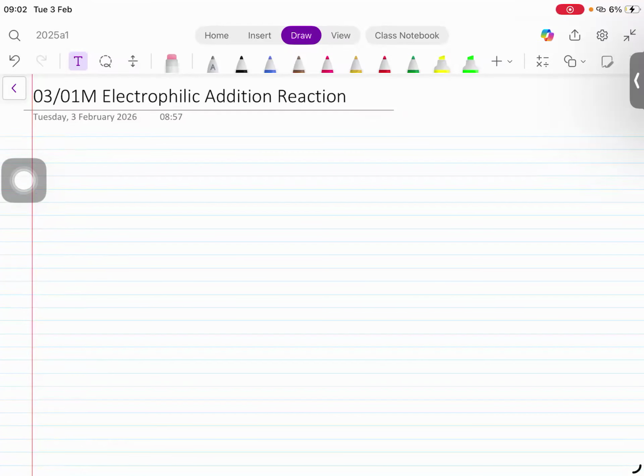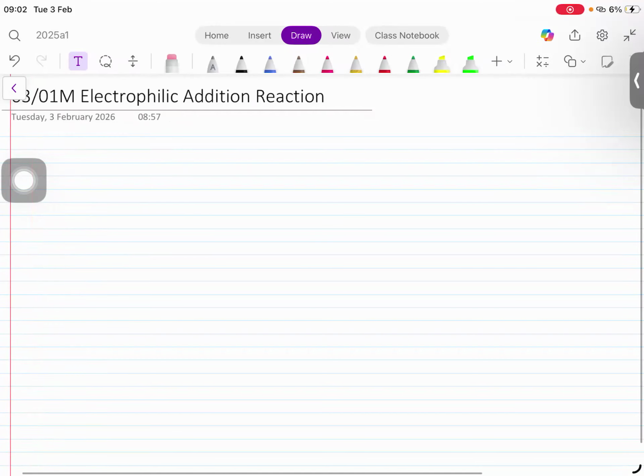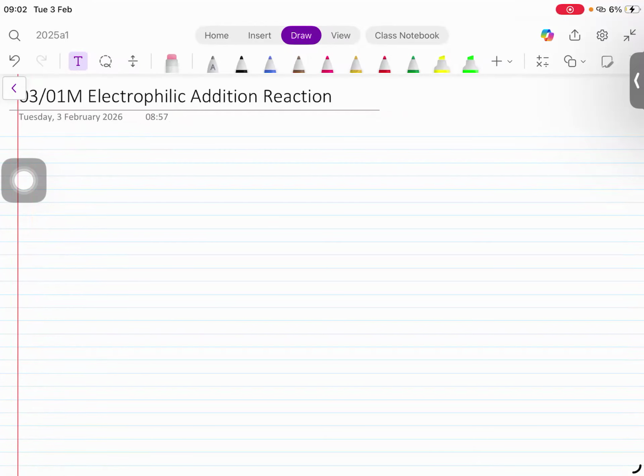Okay, so today we are going to discuss the electrophilic addition reaction mechanism, the one which we did yesterday. We'll continue with that. But today we are focusing on the addition of HCl or HOH or HBr to an unsymmetrical alkene, and how we have to follow the mechanism for unsymmetrical alkenes and how the major and minor products are formed, right?